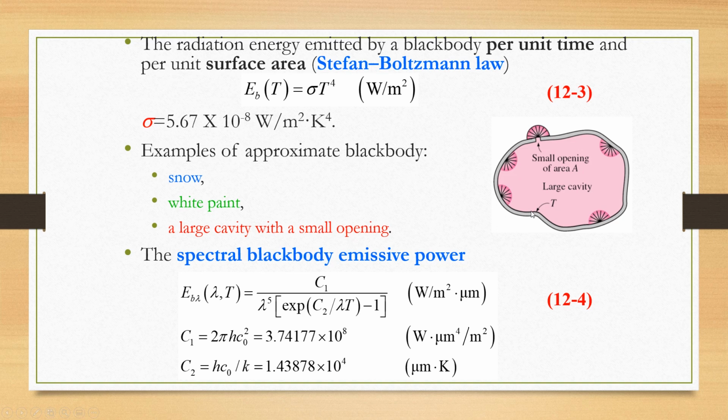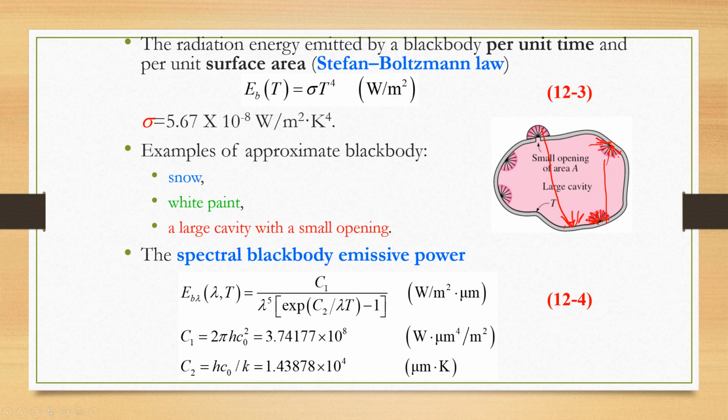For example, this point radiates energy to this side, this side absorbs all the energy and then emits it, and it goes to another point. All points in the cavity will perfectly absorb and perfectly emit the energy, so this phenomenon is approximately a black body.